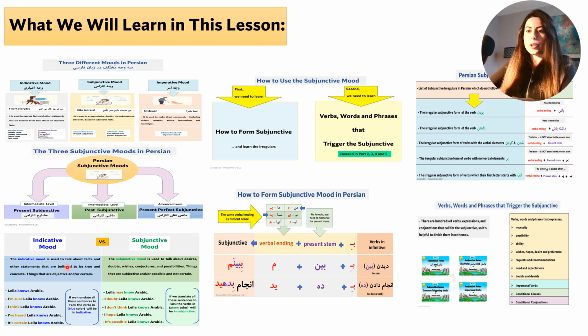Then we are going to learn about the indicative mood versus the subjunctive mood, and then how to use the subjunctive. And then the formula, the annoying irregulars, they follow us everywhere. And then I'm just going to give you a very brief overview of verbs, words, and phrases that trigger the subjunctive.